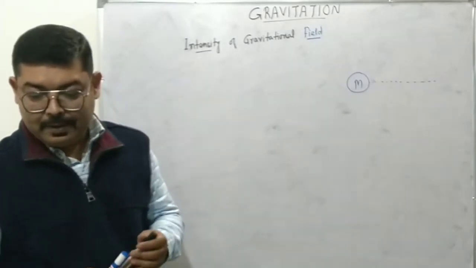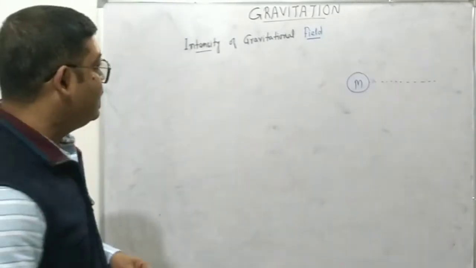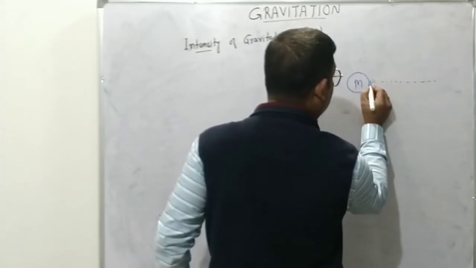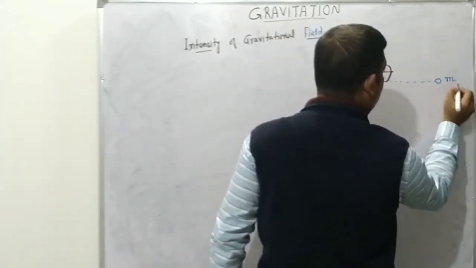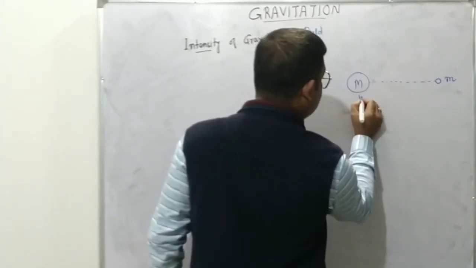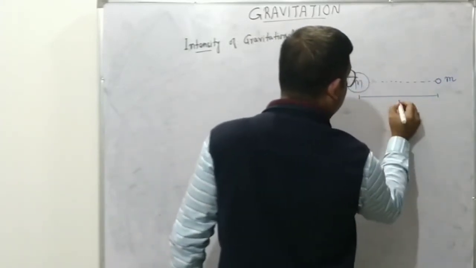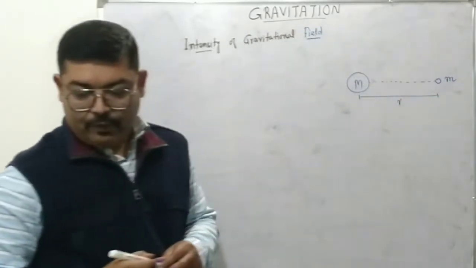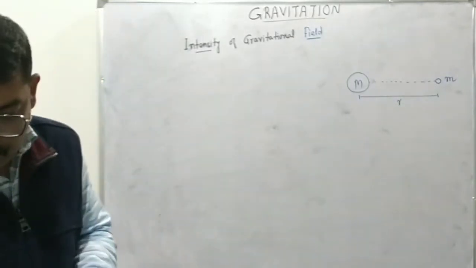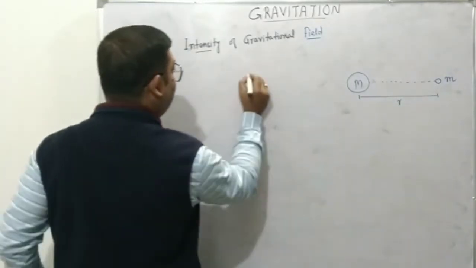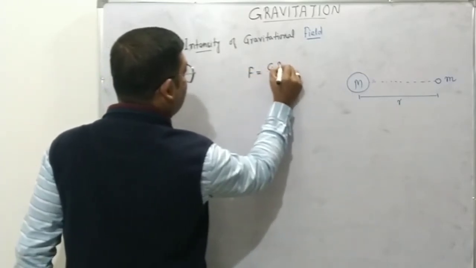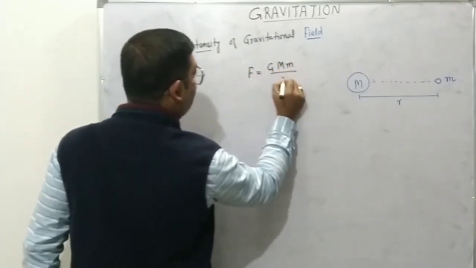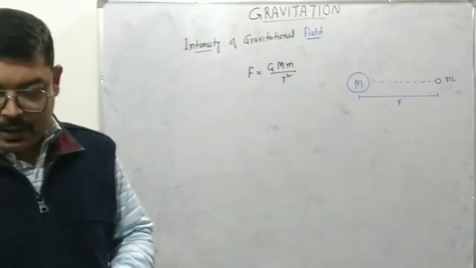How do we define that? Let's say we have a mass placed here, say small m, whose center to center distance is r. Then we know that the force of gravitational attraction on it will be F equals G capital M small m by small r squared, right?